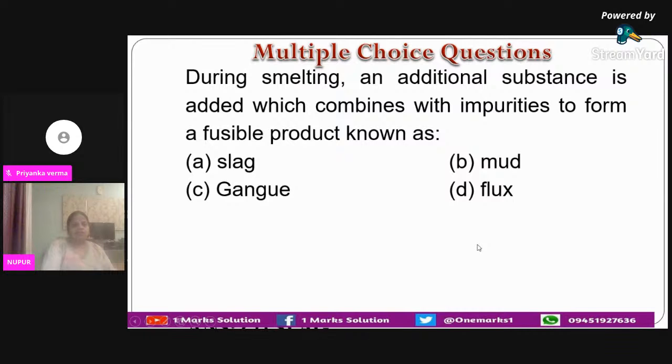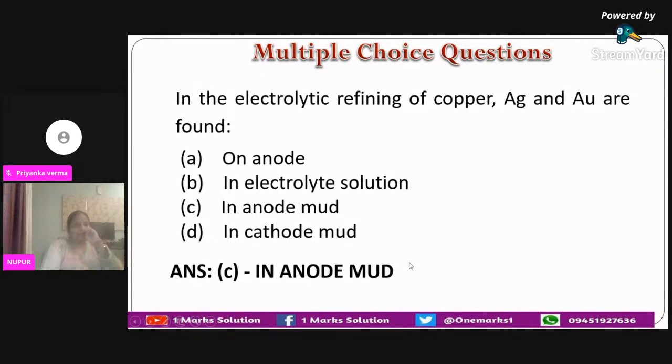Okay, so let us see. The answer is slag. So it cannot be flux, it cannot be mud, and so the fusible thing that comes out is known by the name of slag. Questions from this part are also very, very common. Going on to the next question.